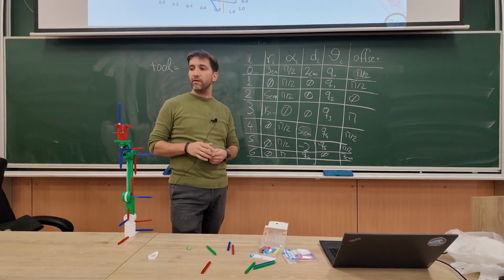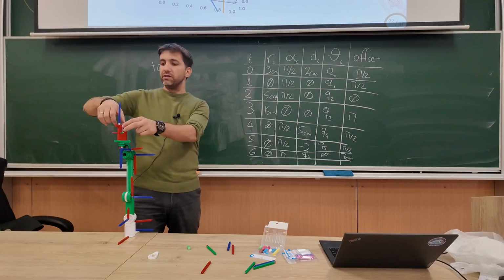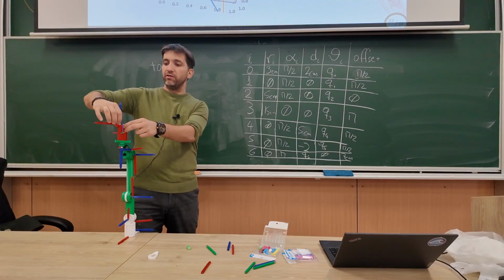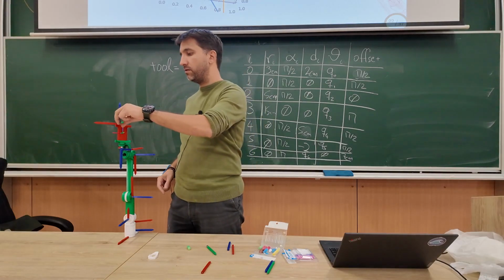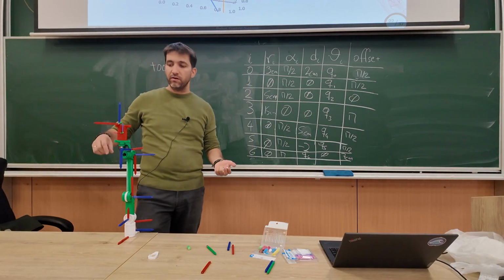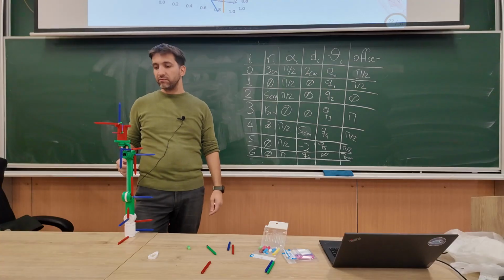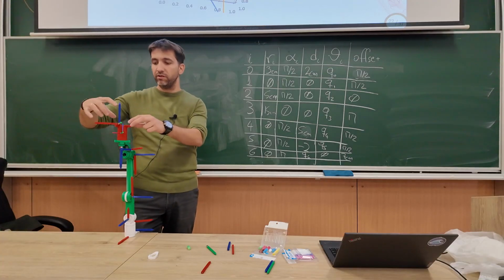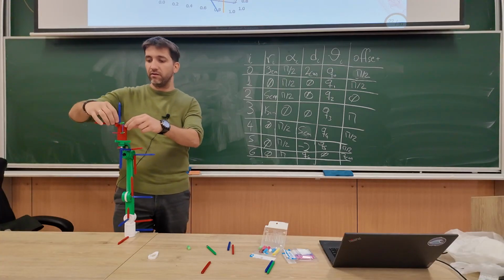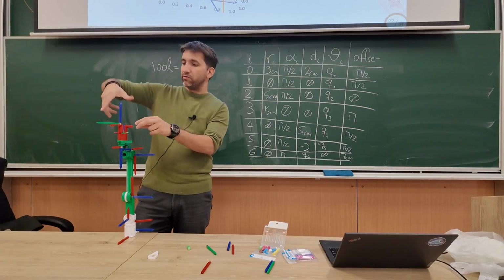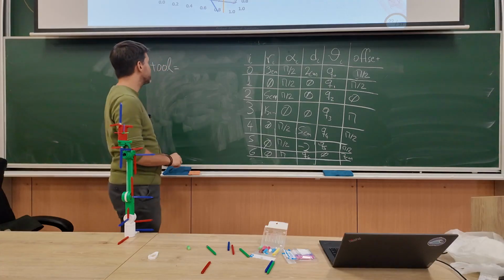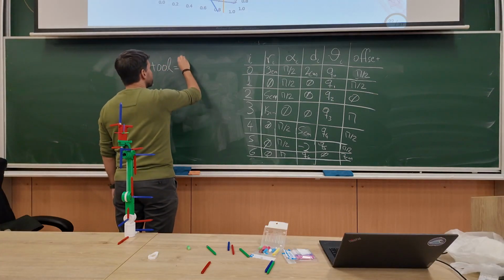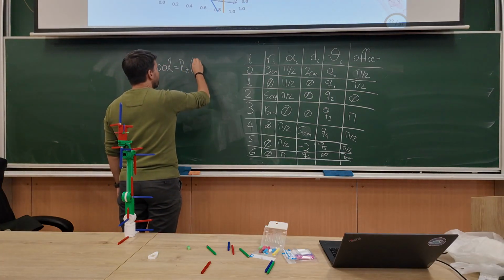I need to do a rotation around Z by 90 degrees. If I do this, these two will be aligned. Of course, you have to imagine the green axis too, which we said we don't draw, but these will be perfectly aligned if I do a rotation around Z by 90 degrees. So here I have an RZ by 90.